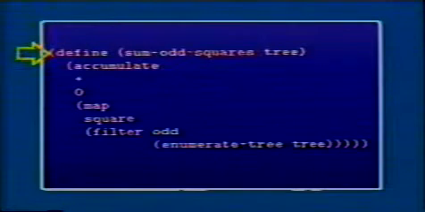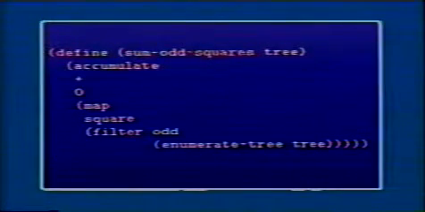So to sum the odd squares in a tree, we enumerate the leaves of the tree. We filter that for oddness. We map that for squareness. And we accumulate the result of that using addition starting from 0. So we can see the pieces that we wanted.